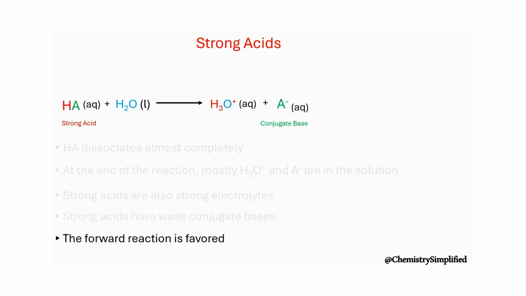And if we have a strong acid, the forward reaction is favored, meaning that it's more likely to produce products than reactants, meaning that the strong acid will dissociate completely. So at the end of the reaction, there won't be much of the acid left except for hydronium ion and its conjugate base.